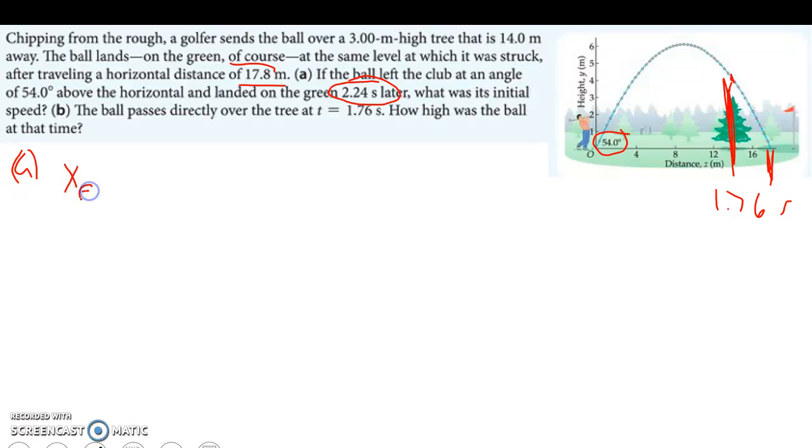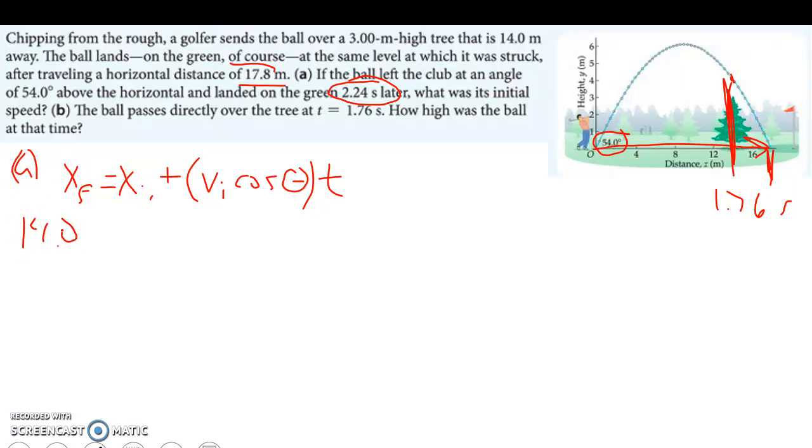So I can use this one, xf equals xi plus, and this is one of the equations I just showed you, vi cosine theta times t. xf is the total distance traveled in the horizontal, which in this case is, not 14, 17.8. My initial position we're going to say is 0, because that's where I'm at.